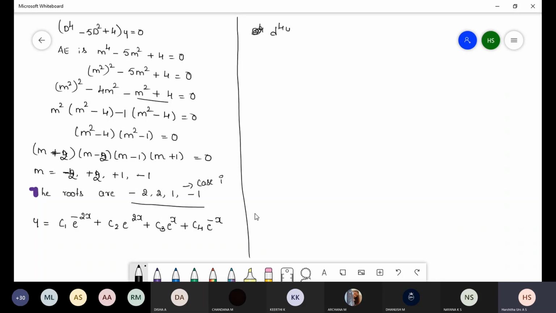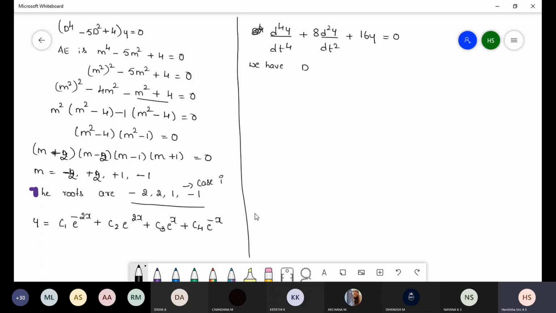d power 4 y divided by dt power 4 plus 8 d square y divided by dt square plus 16y is equal to 0. Here first we have to write in the form of differential operator.